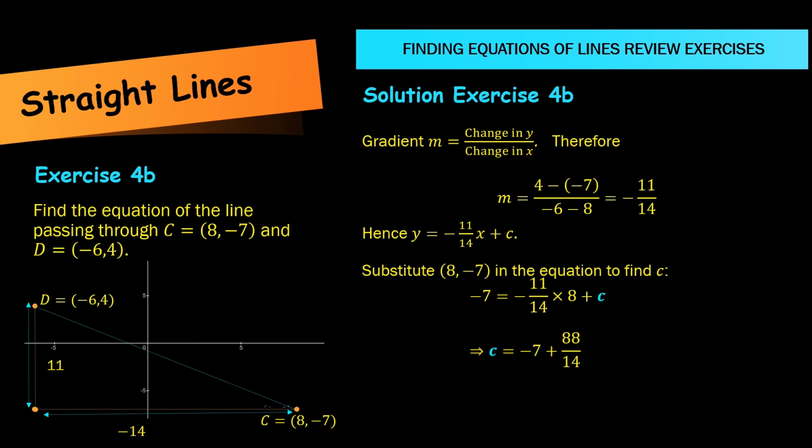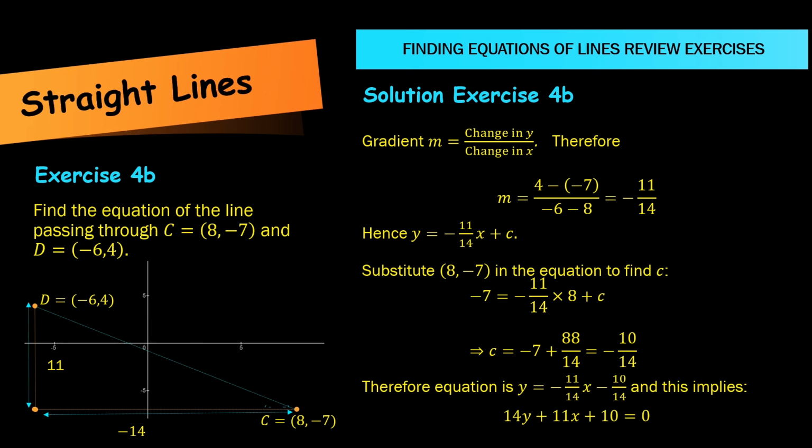And tidy up to give minus 10 over 14. Therefore, the equation is y equals minus 11 over 14x minus 10 over 14. We can now multiply through by 14 to give 14y plus 11x plus 10 equals 0.